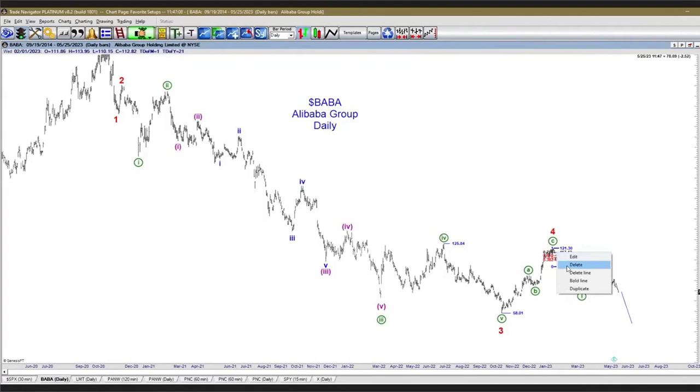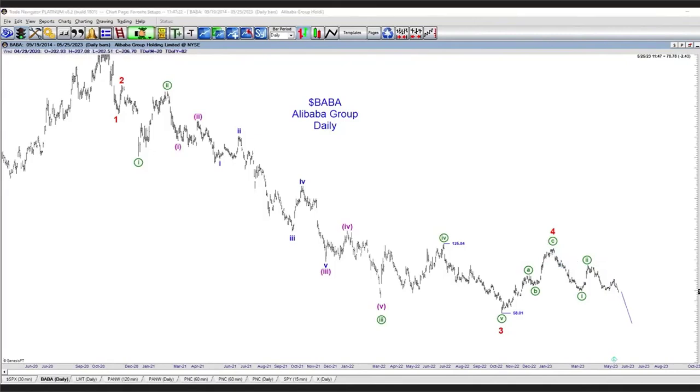Because sometimes second waves early in a move go a little bit deeper than 618. So I'd like to give it a little more room in those cases. All right, so that's kind of the way I do it.